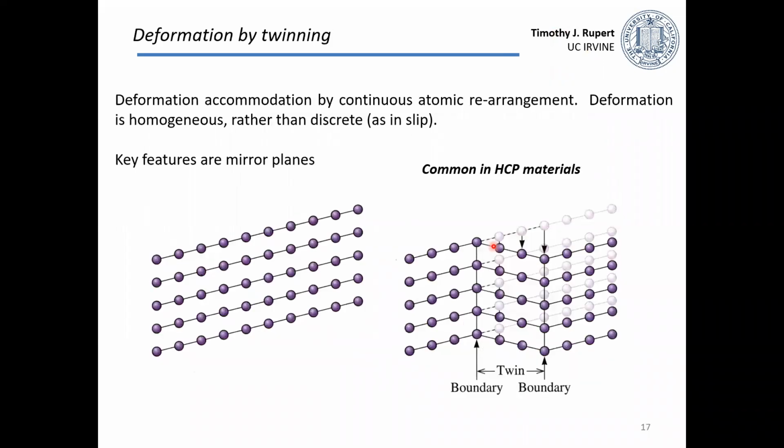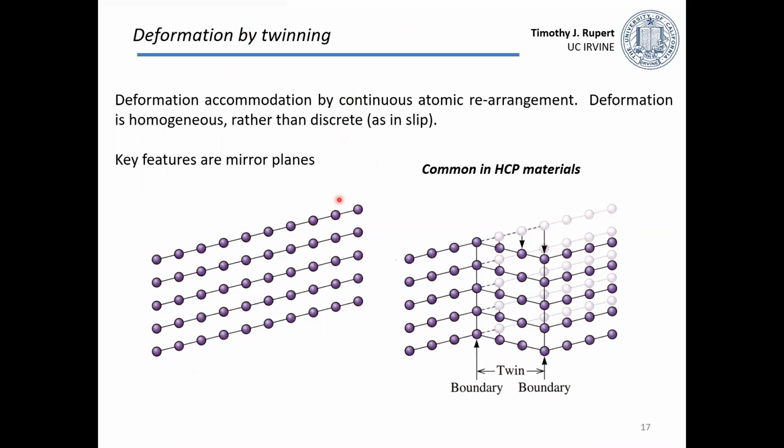Now, I mentioned that in hexagonal close packed materials, there are not enough slip systems. So dislocations will move, but if I want to deform a material in some arbitrary manner, I can't always rely on dislocations to take over. So I just want to mention that one of the other ways that hexagonal close packed materials can deform is through what's called twinning.